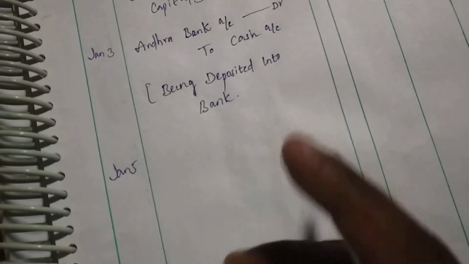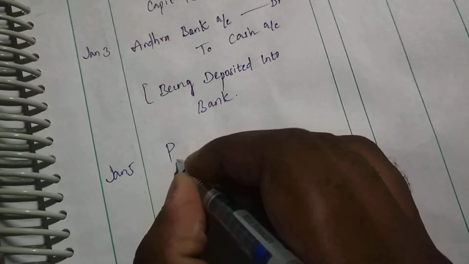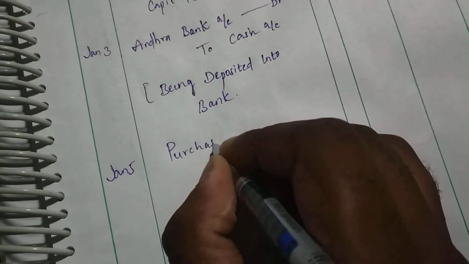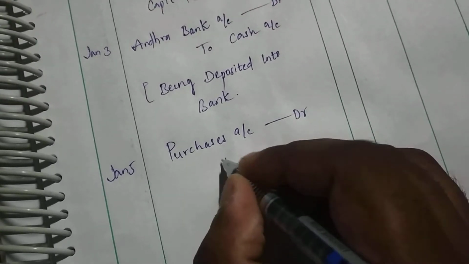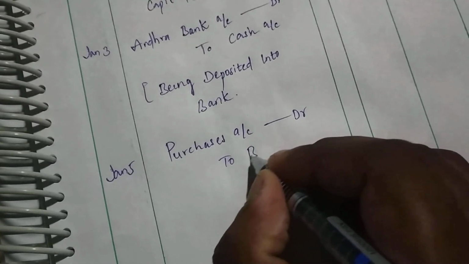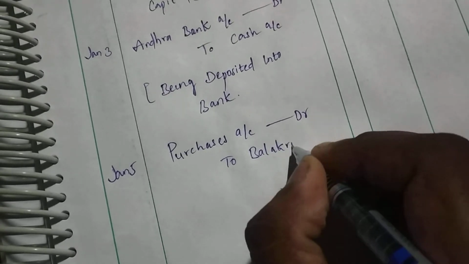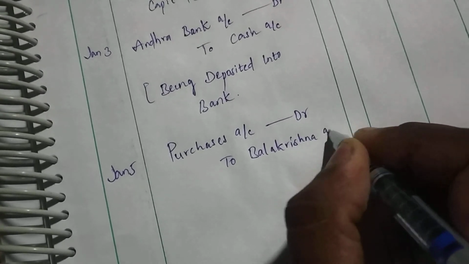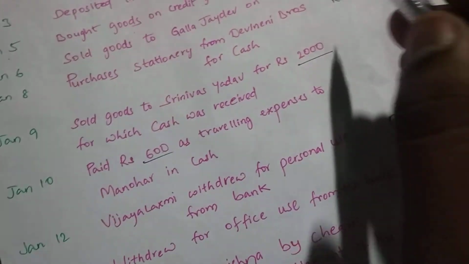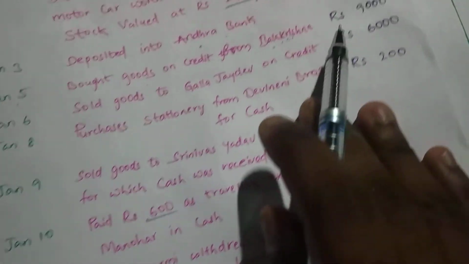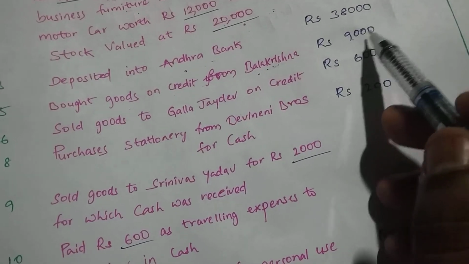So the journal entry will be: On January 5, purchases account debit to Balakrishna account. What is the amount? Rupees 9,000. I hope it is visible to you? It's rupees 9,000.